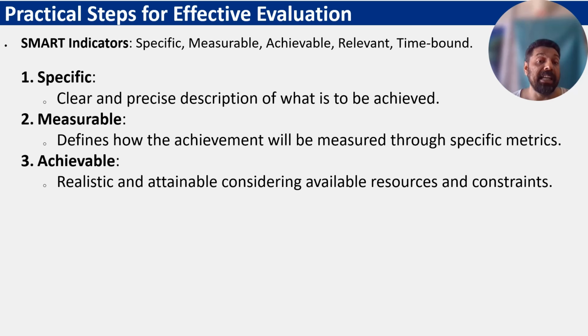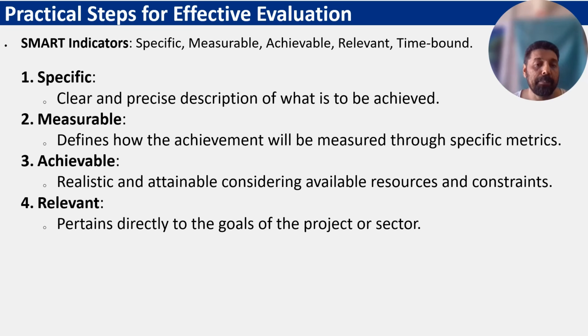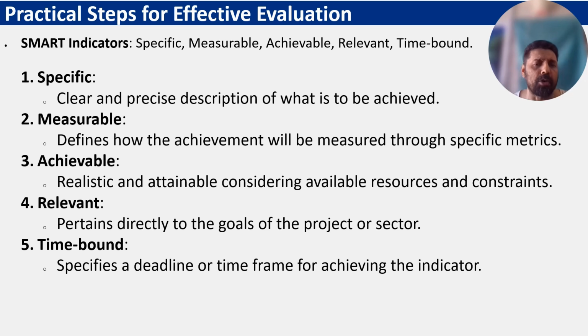Achievable: realistic and attainable considering available resources and constraints. Relevant: pertains directly to the goals of the project or sector. Time bound: specifies a deadline or time frame for achieving the indicator.